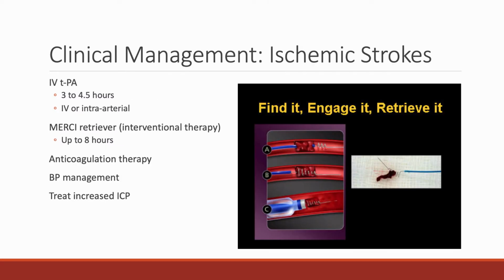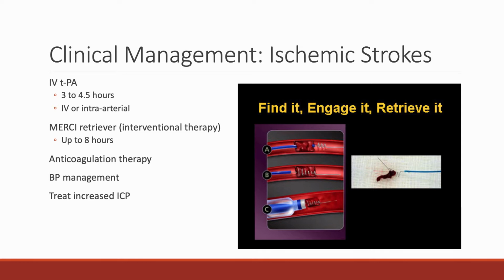The clinical management of ischemic stroke is either watch and wait, which is one way to proceed. It's not always the wrong way, because the downside of giving TPA and having an intracerebral hemorrhage is so abhorrent that oftentimes we're content to just wait and see how the patient does.